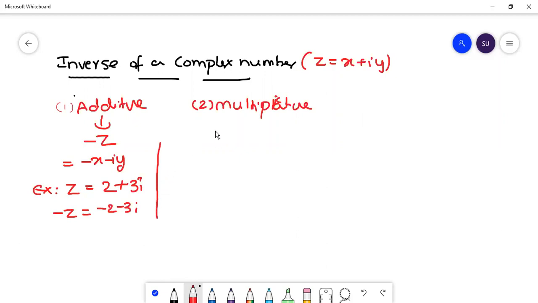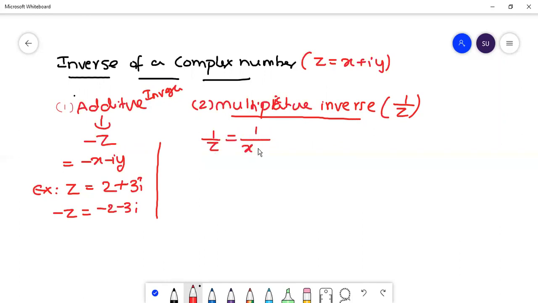In the same way, multiplicative inverse of a complex number. Here additive inverse means minus z, multiplicative inverse means 1 by z. For example, z is equal to x plus iy, therefore 1 by z is equal to 1 by x plus iy.